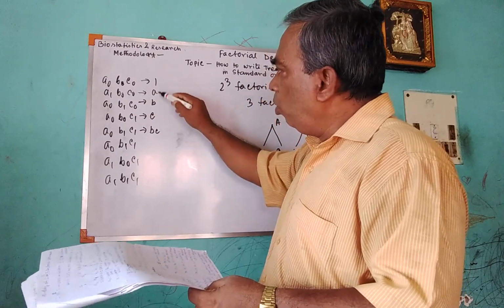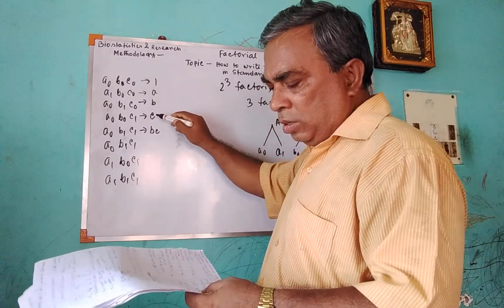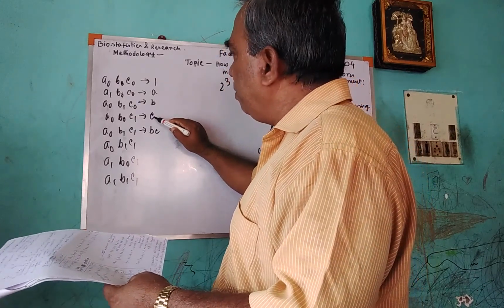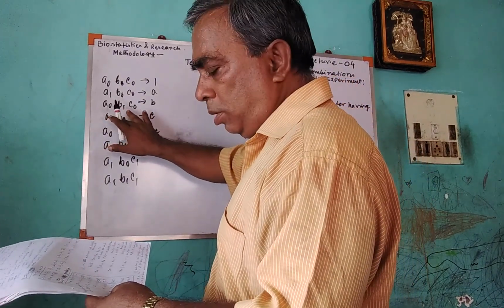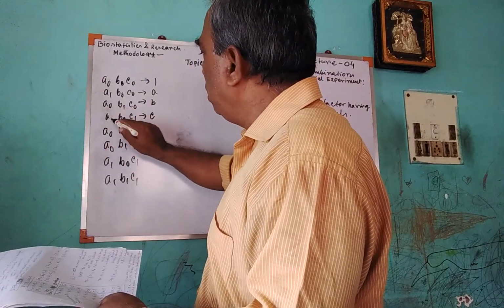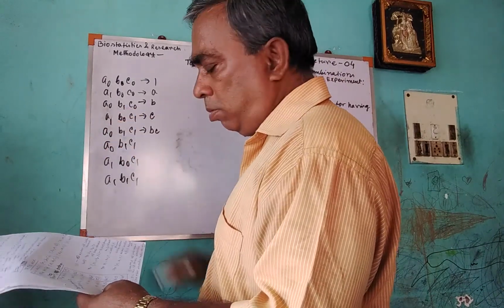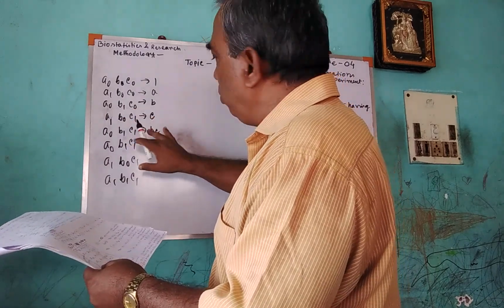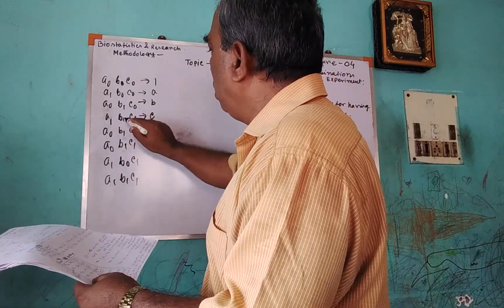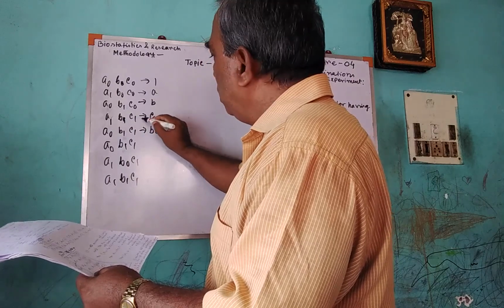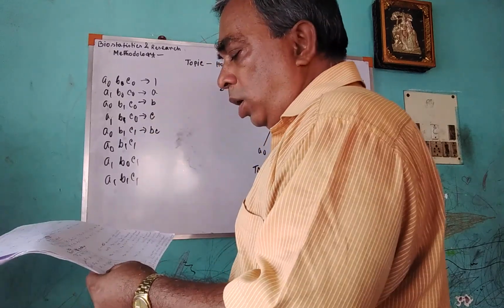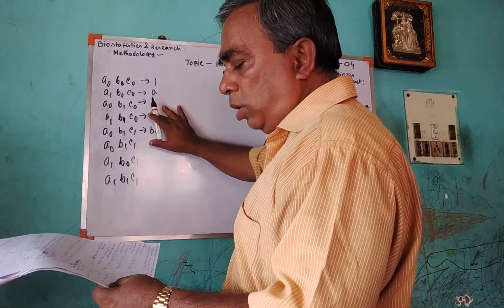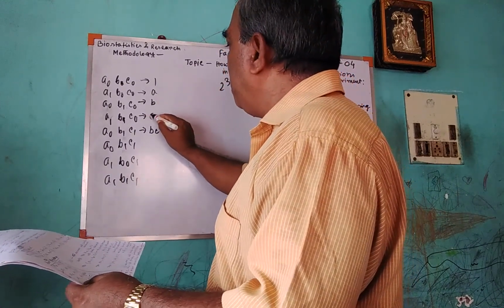A, B, C. A1, B1, C0. This will be A, AB.